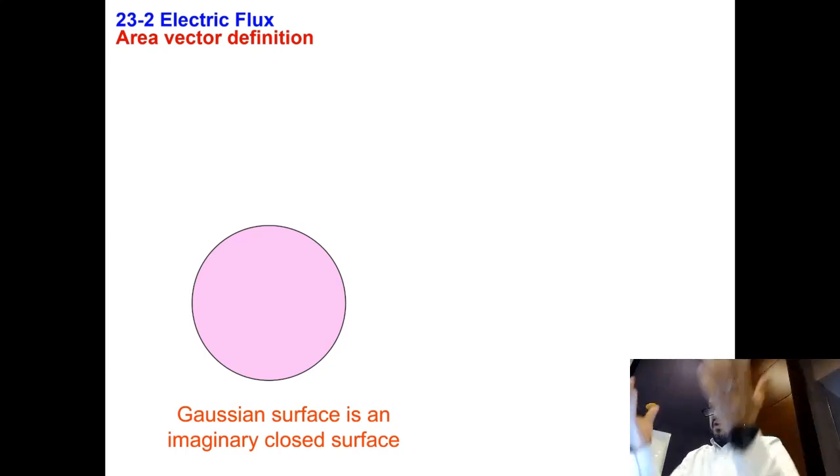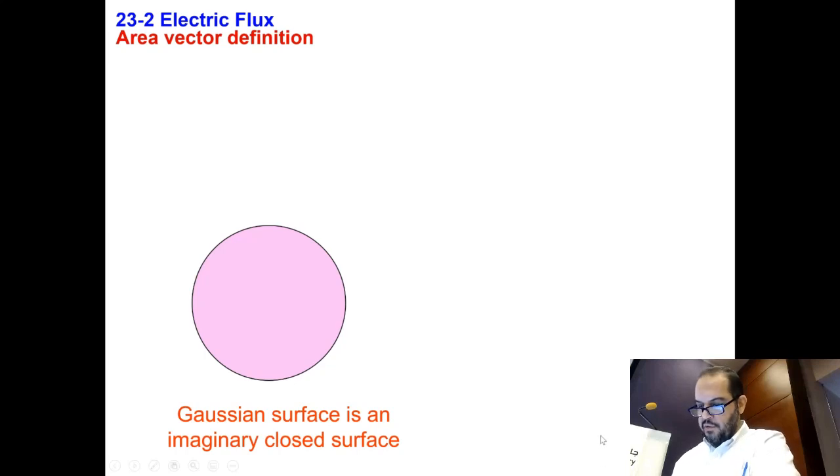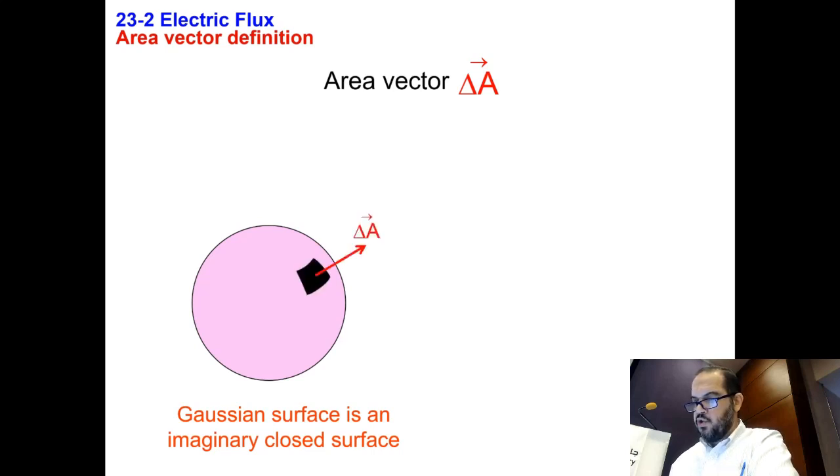So let's assume we have a closed surface, and we call it the Gaussian surface. We define the area vector delta A. It has a magnitude and direction. So this is how we symbolize it, delta A. If we have an area dA, this is the area vector delta A.